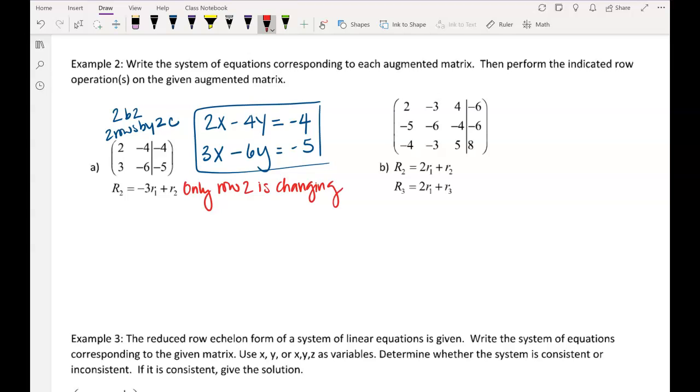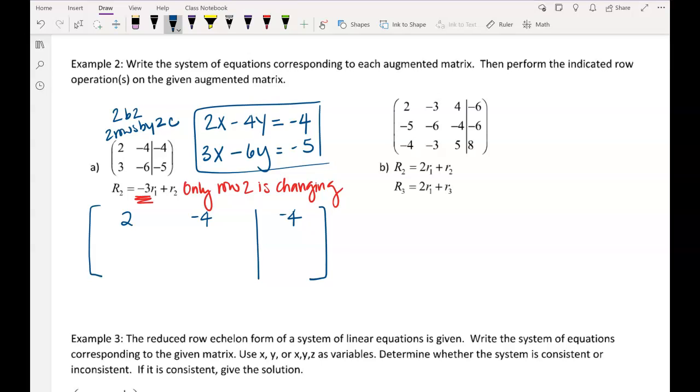All right, so it says here, take row 2, we're about to change it by taking -3 times the value in row 1 and adding the value of row 2. So let's make a big matrix here to show our work, okay? Only row 2 is changing, so we write row 1 values back. That is not changing.